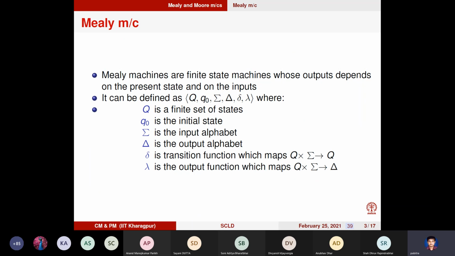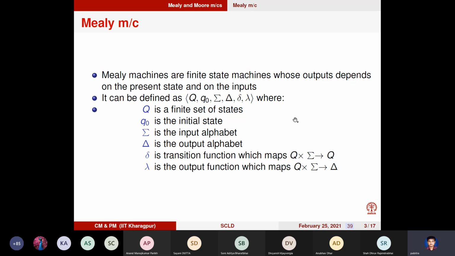Formally, you can define it as a tuple consisting of the set of states, initial state, input alphabet, output alphabet, transition function from Q cross sigma to Q itself, because the transition is dependent on the input as well as the present state, and the output function lambda, which is a map from Q cross sigma, input and state, to the output alphabet.